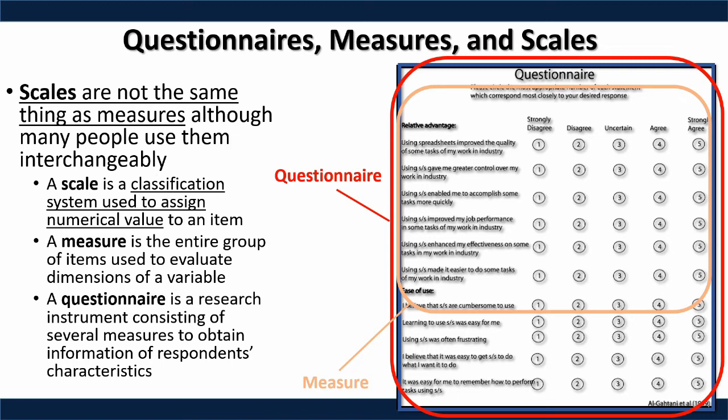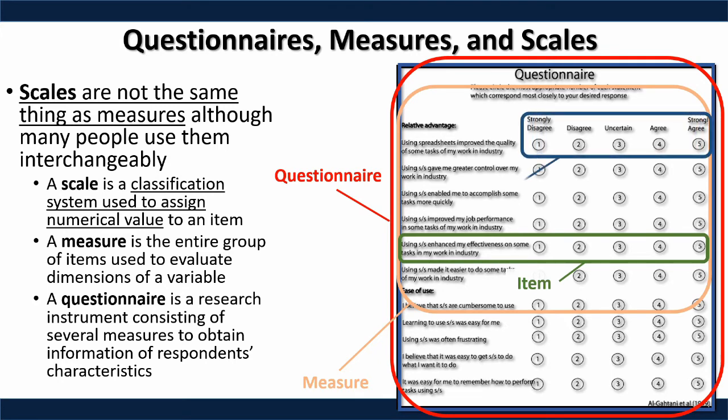You can see that this relative advantage variable is measured with 6 items. And the numerical system used to enumerate specific levels of agreement or disagreement is called the scale. Although different research textbooks might refer to or define these things in different ways, this is the way I want you to remember it for our discussion.